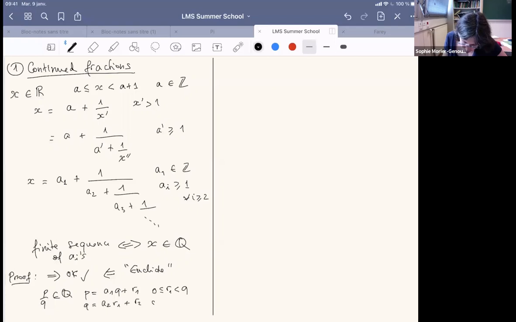And now R2 is still positive and smaller than R1, and so on. And I guess you know this algorithm. This sequence of R is decreasing and they are natural numbers. So at some point you obtain 0, so it stops. And the a_i that you have here in this division are exactly the ones that you would get here. So this continued fraction is another presentation of the Euclid algorithm.